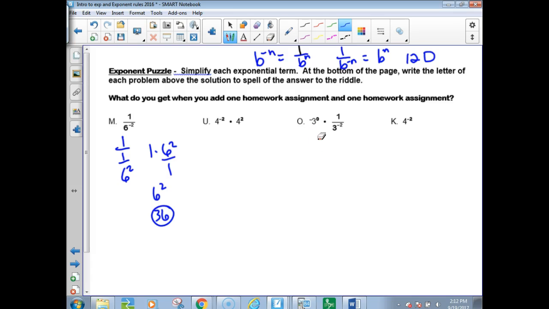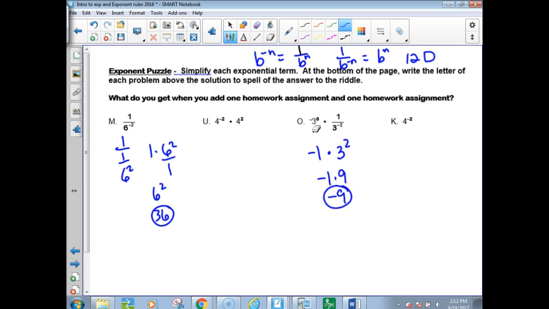Okay, so negative 3 to the 0. Anything to the 0 is 1. So this would be negative 1, though, because 3 to the 0 is 1, and then you have to apply the negative sign. And then 1 over 3 to the negative 2 would be 3 to the second. So that's negative 1 times 9. This one is negative 9.